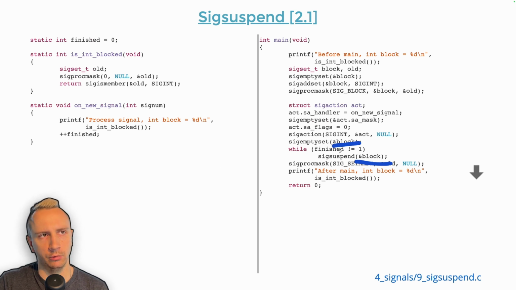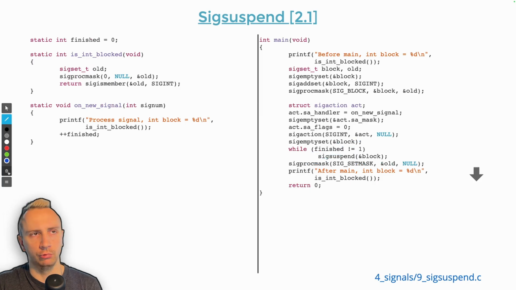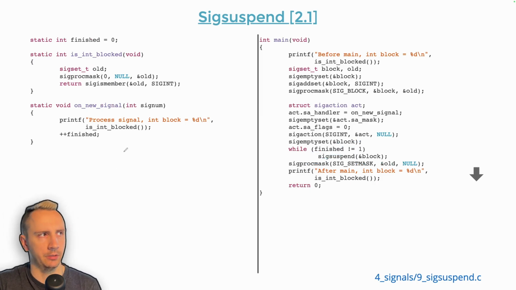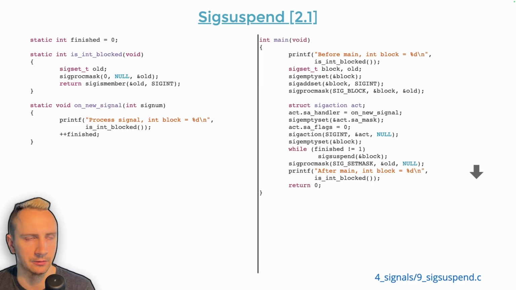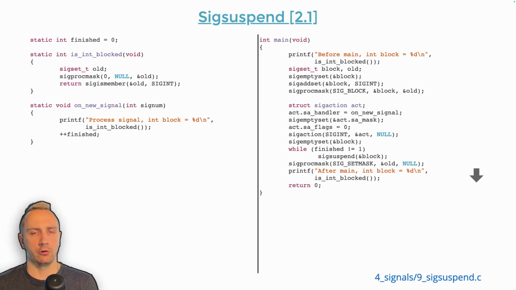If this would be not one action but two actions, then this would deadlock, as we have seen it previously. But sig suspend is doing it for us atomically. Internally, sig suspend is probably going to be multiple actions, but they are organized in a way that it's identical to if this would be done atomically as a single action.